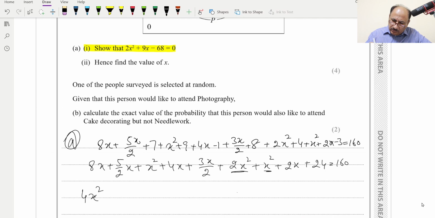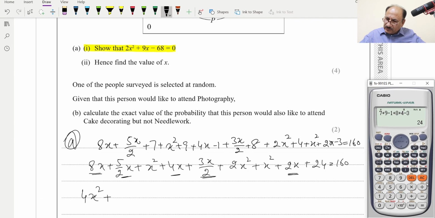And now we can go for the x values. This one plus this is 8x, then this is also an x term, so we can add these x terms also.